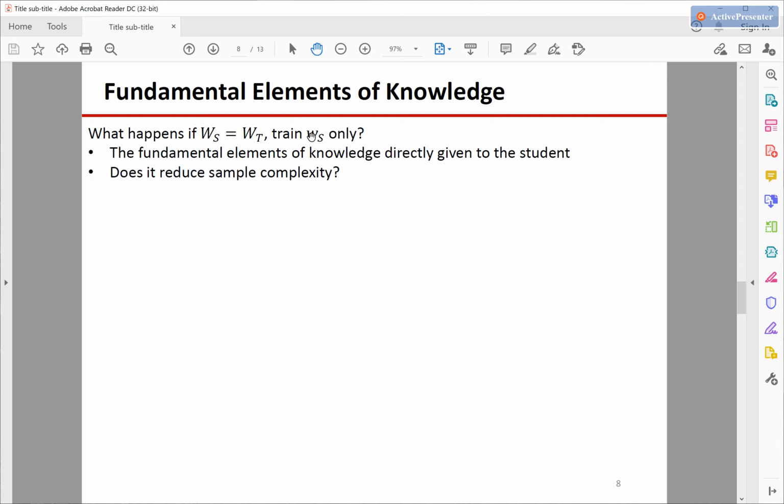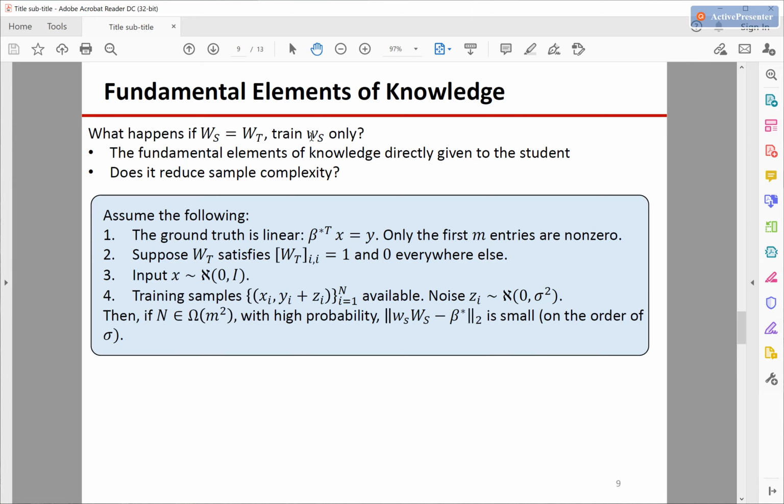Of course, the comparison is made between student-teacher learning and the baseline learning, basically MSE estimation. And yes, I need to assume that the teacher is actually good, has low testing error. And the answer to my question is yes.